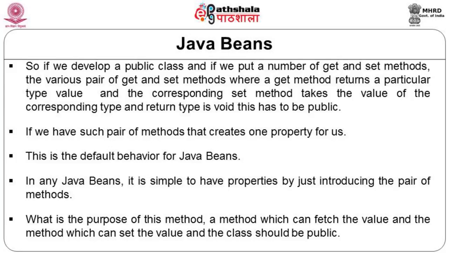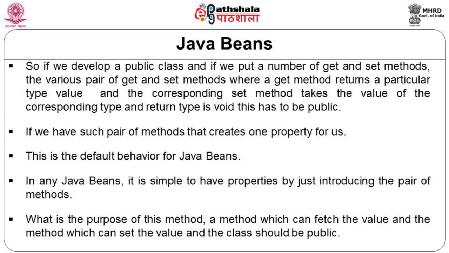If we have such a pair of methods, that creates one property for us. This is the default behavior for JavaBeans. In any JavaBeans component, it is simple to have properties just by introducing a pair of methods. A pair of methods forms a property.